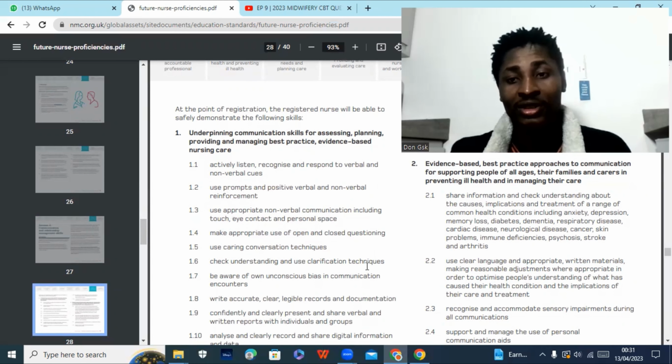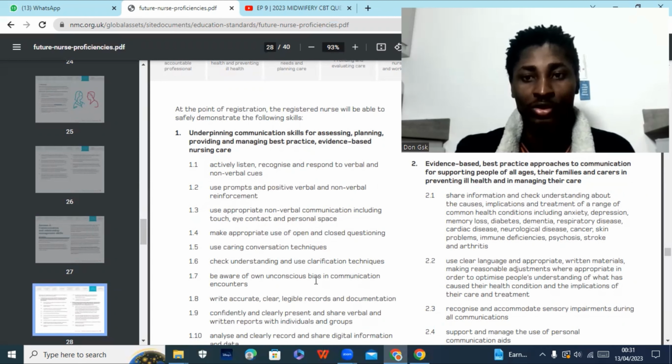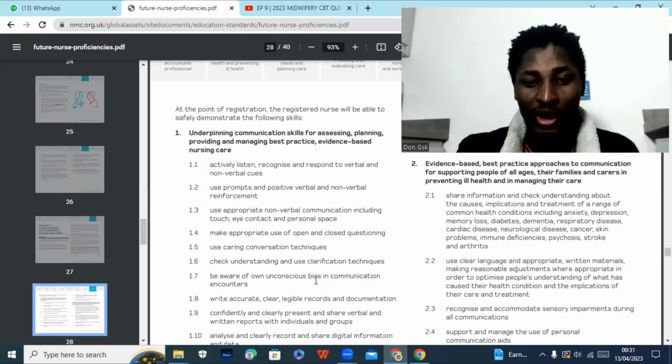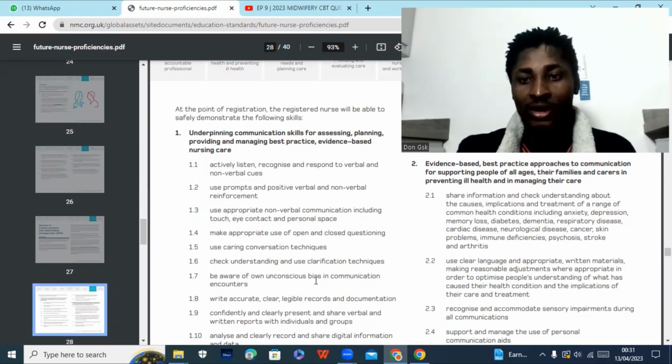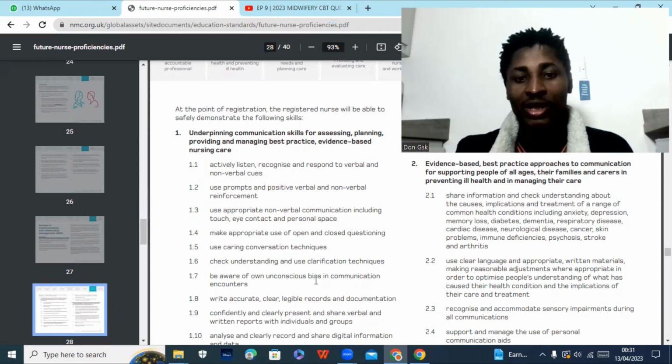So there's this past question where they talk about which of the following is an open-ended question or closed-ended question. So once you read this, you get to know that there's something about open and closed questioning.